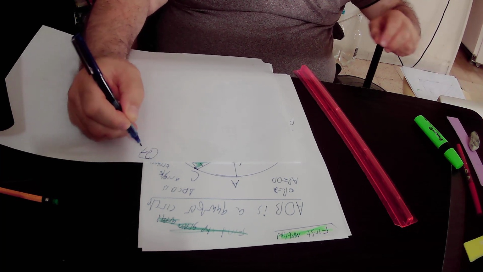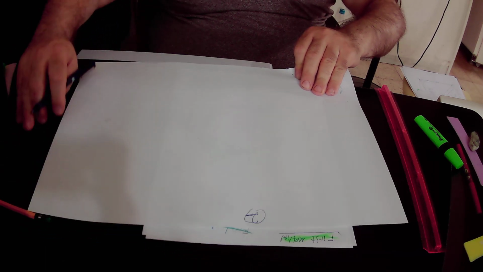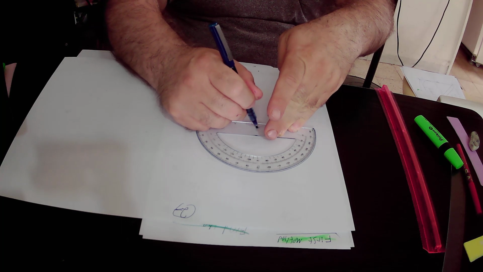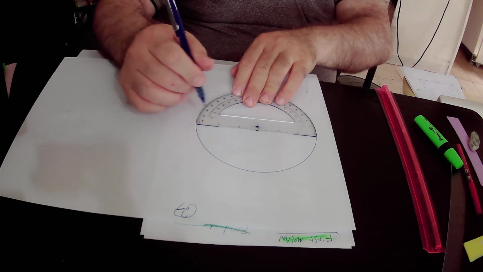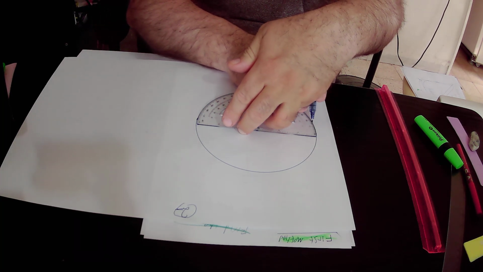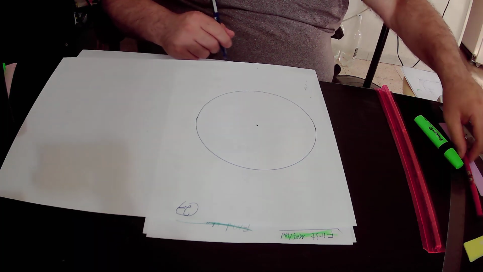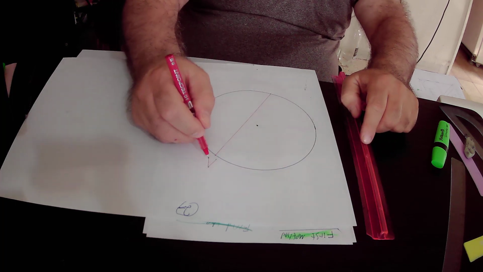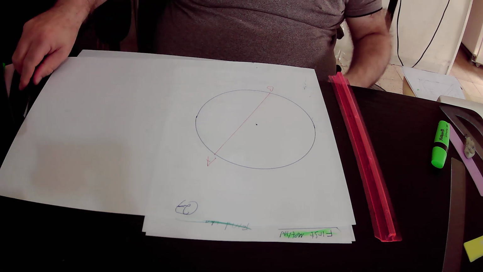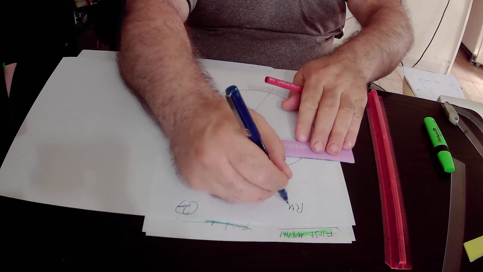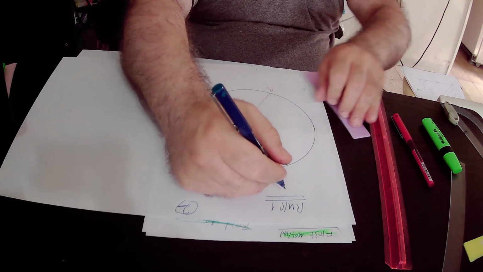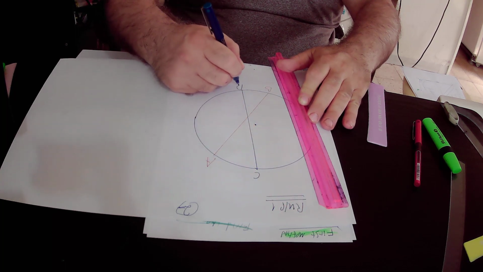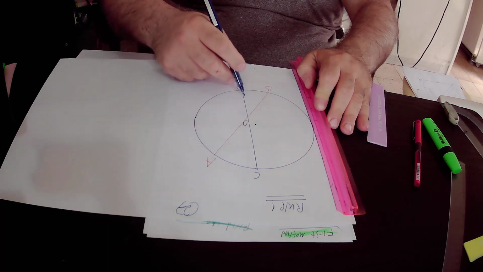So actually, if we have a circle and inside the circle we have 2 chords, this is chord AB that intersects with chord CD at point O. Chord AB intersects with chord CD at point O.